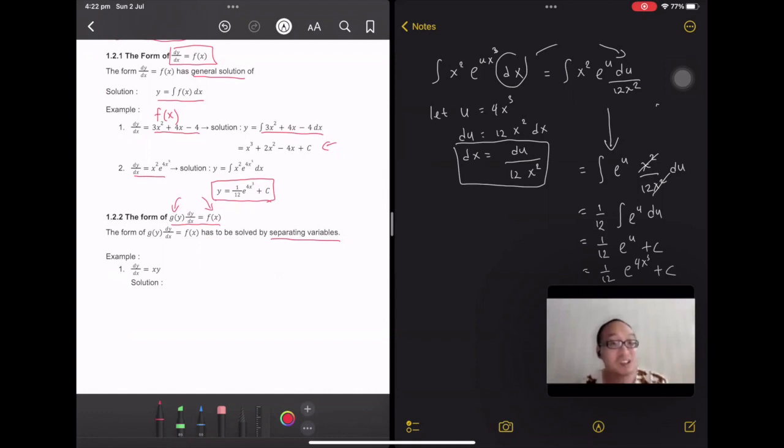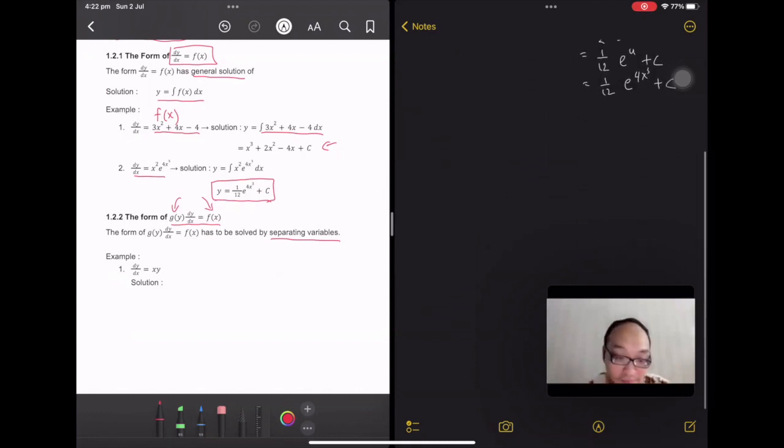For example, dy/dx equals xy. Here, the x and y are combined on one side.